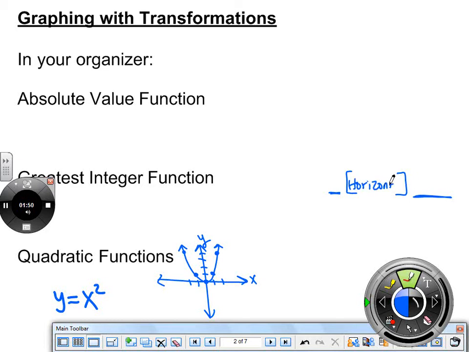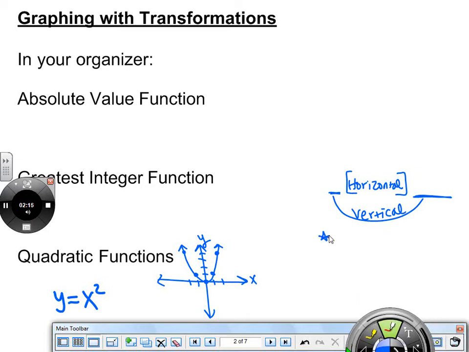Inside is all the horizontal stuff. And all the stuff on the outside of the function, not included in the brackets or the parentheses or whatever it might be, is all the vertical stuff. Okay? And we're going to kind of work from the inside out, meaning we're going to do horizontal stuff, and then we're going to do vertical stuff. Okay? When you work from the inside out, though, you have to be a little bit careful.